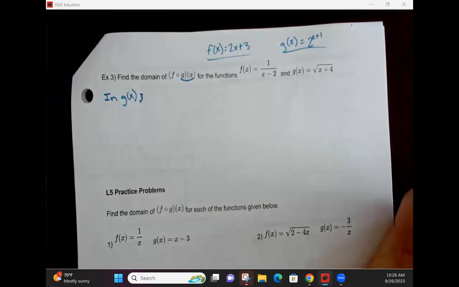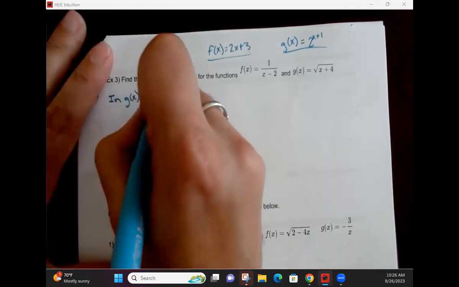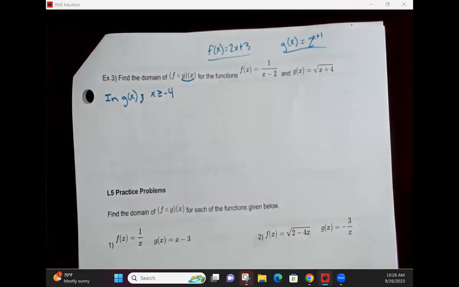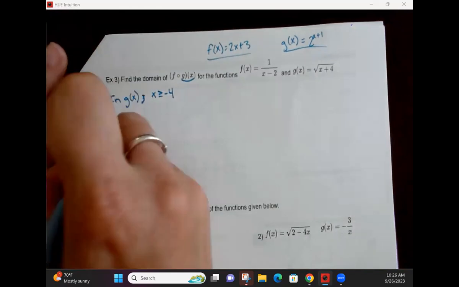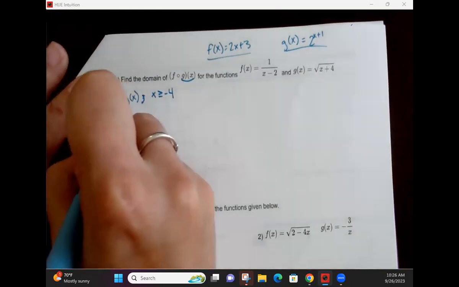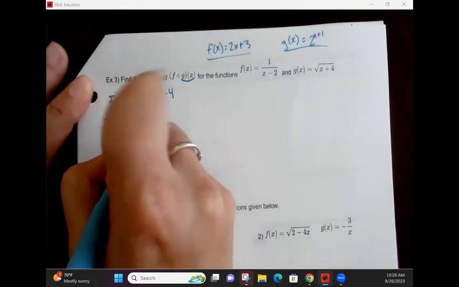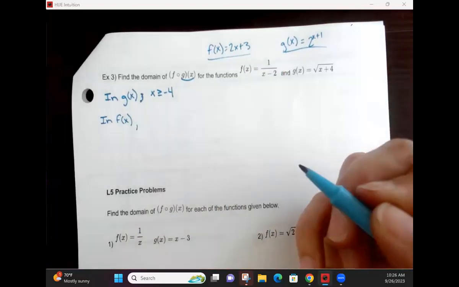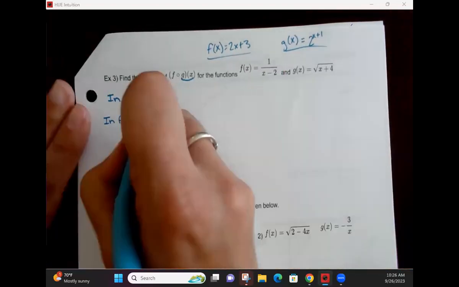Greater than or equal to negative 4. Yep. x needs to be greater than or equal to negative 4. What about in f of x? Rational function, am I undefined anywhere for f of x? x cannot be 2.